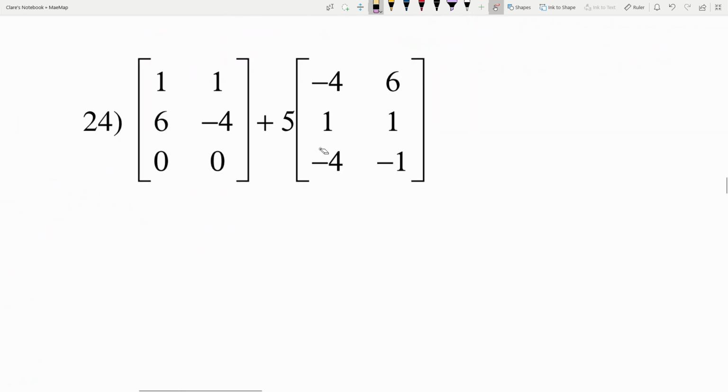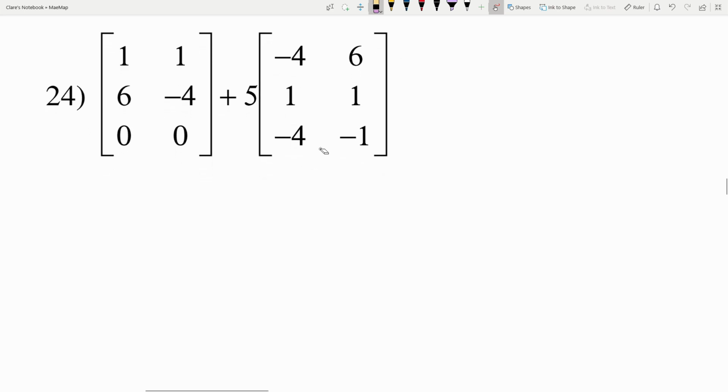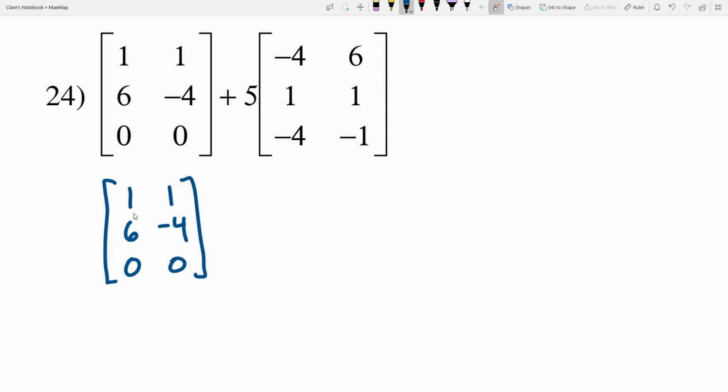Now, on to the last problem in this worksheet, number 24. And in number 24, remember, order of operations still applies, so we're going to have to scale this matrix first by multiplying that all by 5. So I'll just rewrite this matrix, leaving it the same. 1, 1, 6, -4, 0, 0. Or 1, 6, 0, 1, -4, 0.